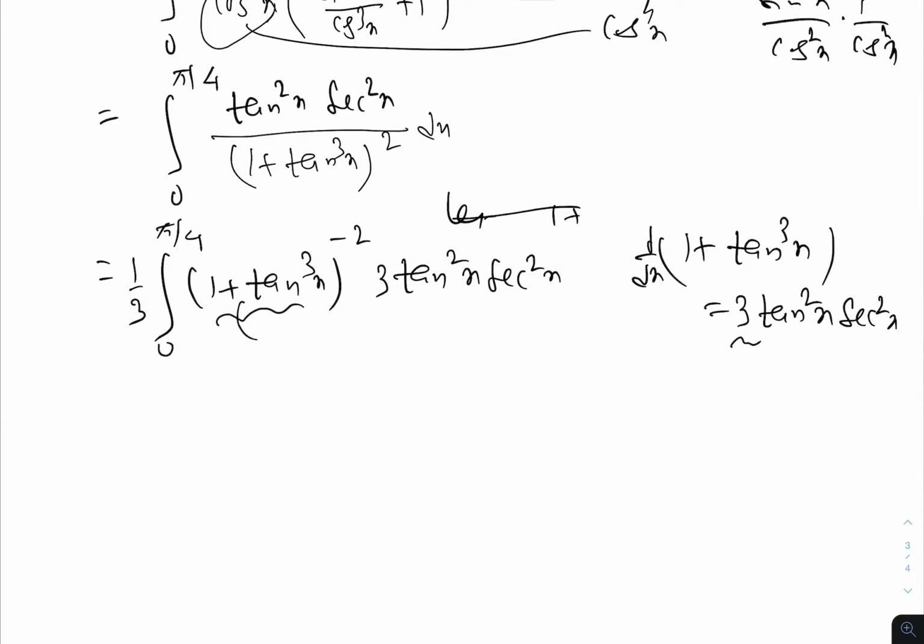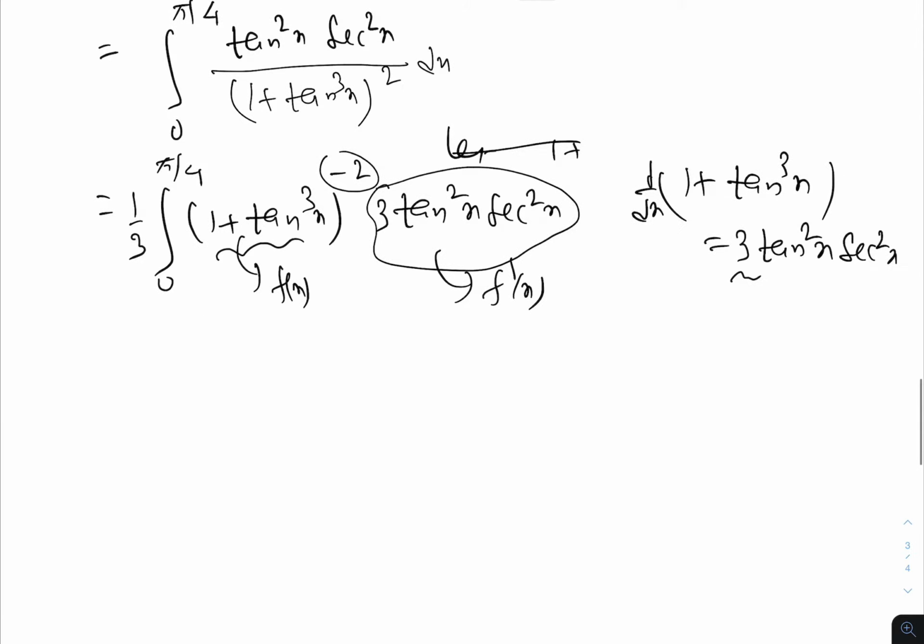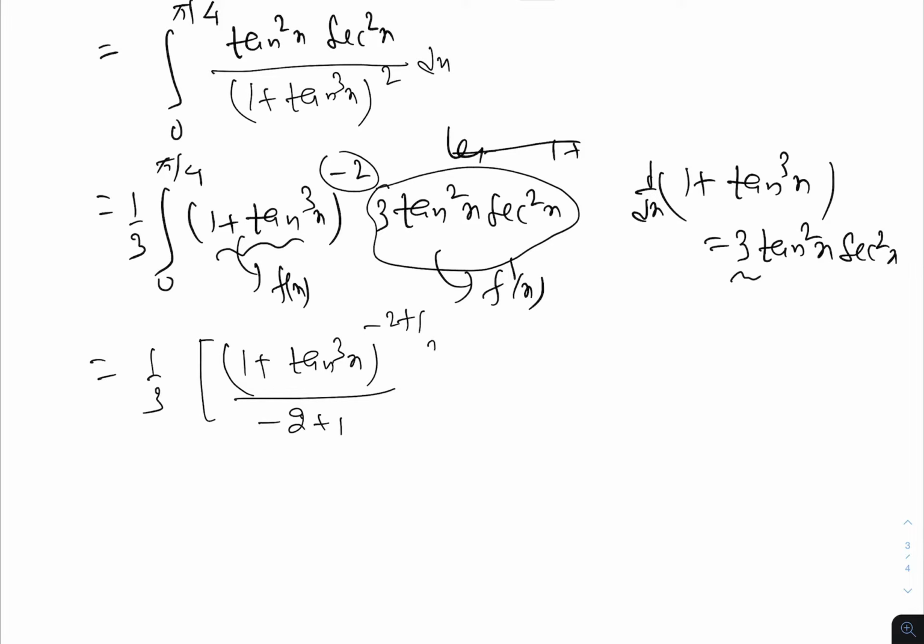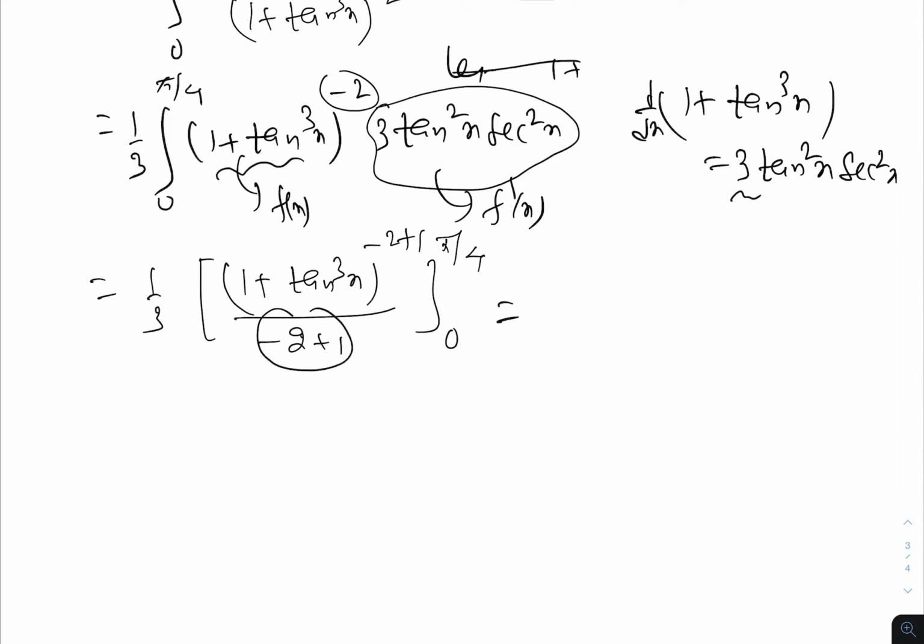So this is our f(x), power n is minus 2, and this is our f dash x. So this is equal to 1 by 3, (1 plus tan cube x) power minus 2 plus 1 over minus 2 plus 1, and 0 to pi by 4. So this is minus 1, so minus 1 by 3, and again this is (1 plus tan cube x) power minus 1, so it is 1 upon 1 plus tan cube x, from 0 to pi by 4.